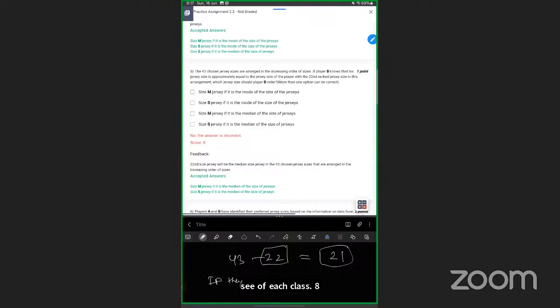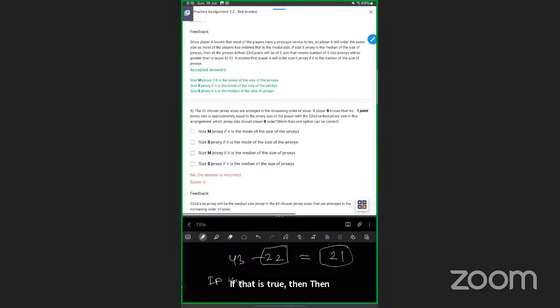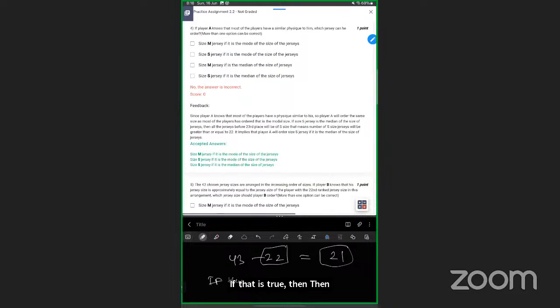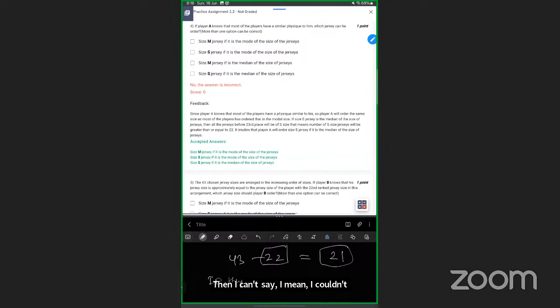If that is true, then I can't say that size M jersey is a median as well as mode. I could become wrong also, but I can become right also. It's not always true then. Otherwise, it can become always true.